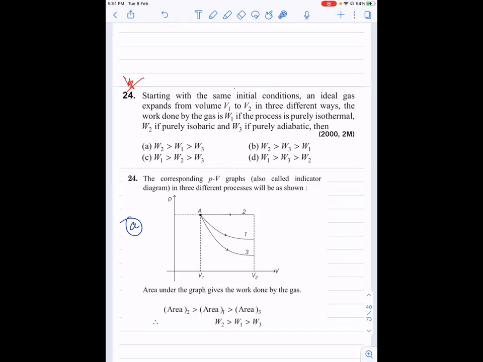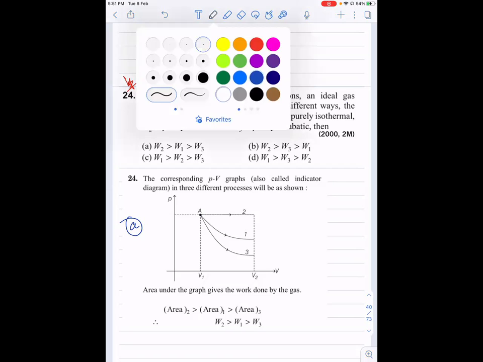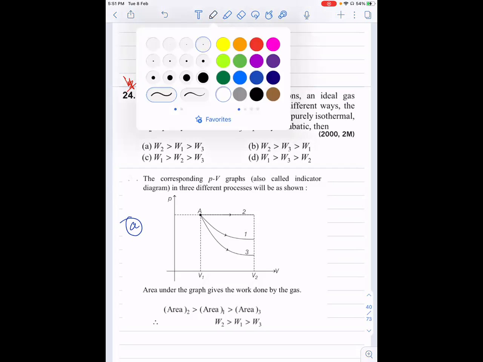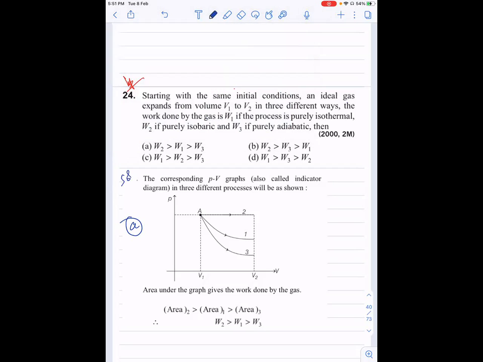ठीक है? Any doubt here? बोलिए, any doubt here? No response coming again. Anything you want to clarify here? What is the other name of PV diagram?